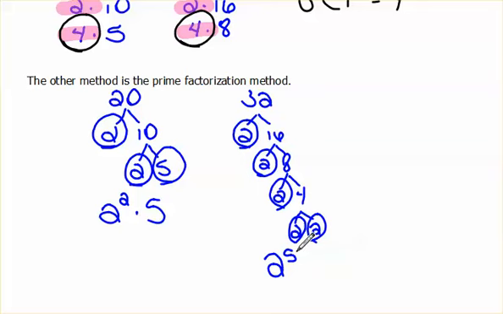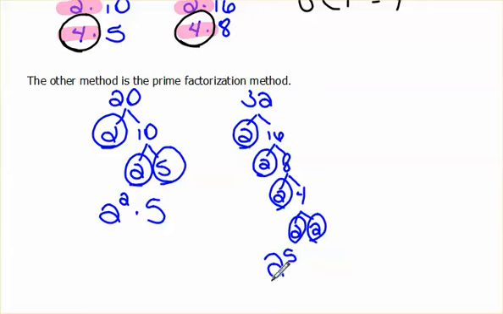All right, for the GCF, the greatest common factor, we're looking at these as being all of the factors of these two numbers. Now, what do they have in common? This one has a 2 squared, this one has a 2 to the 5th.